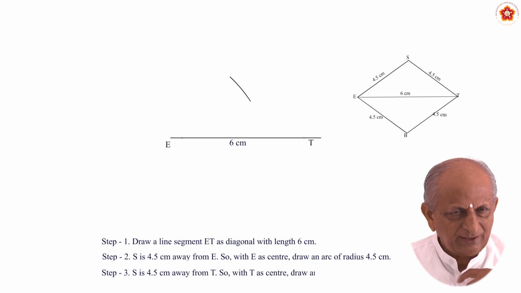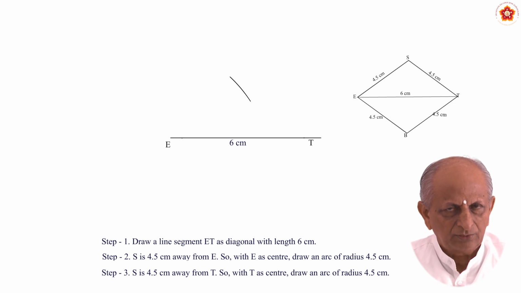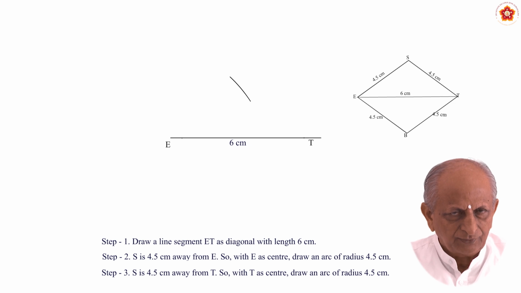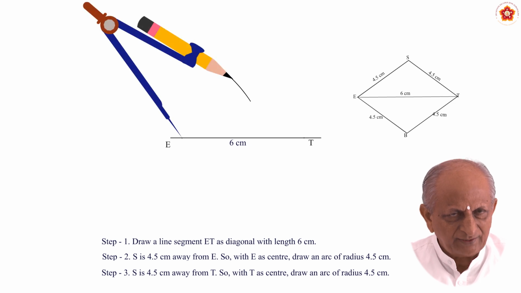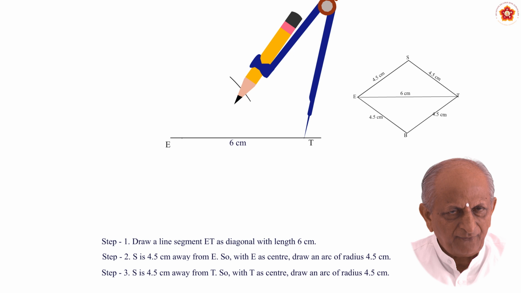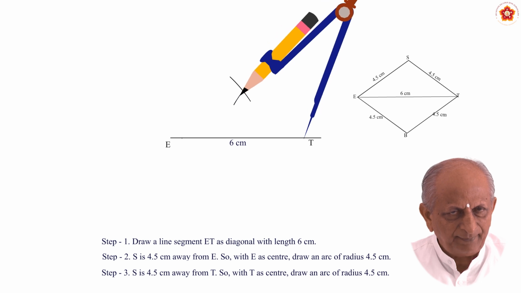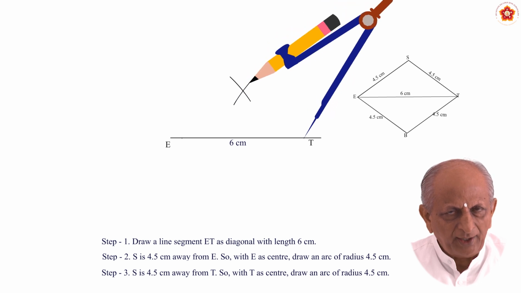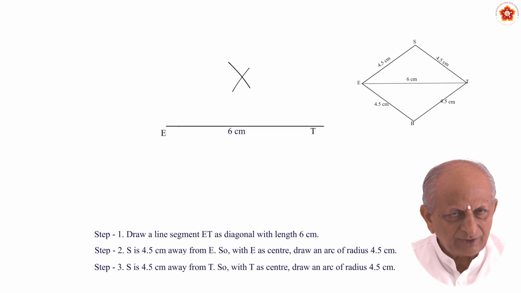And similarly, S also is 4.5 centimeters from T. So one more arc you have to draw, taking T as center. Again, take a compass and cut an arc to cut the previous arc at the point called S. Correct? So now S is got.